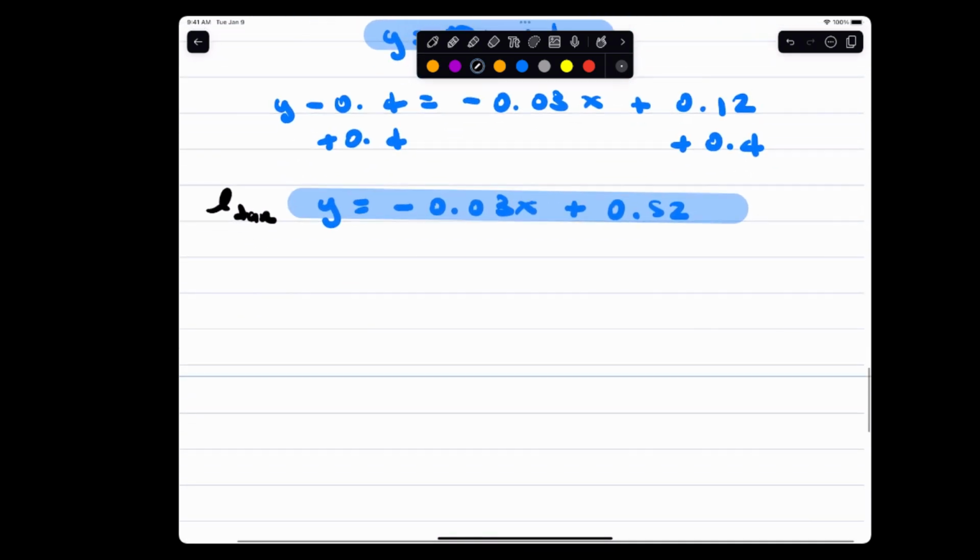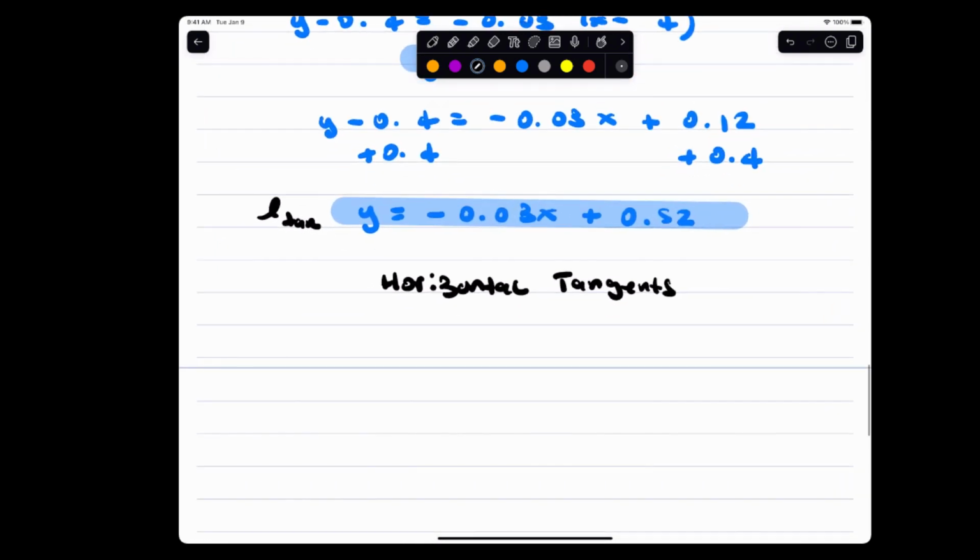And then we also want to know something about, you guys want to get used to this as well, the location of horizontal tangents. Okay? So go back to beginning algebra. First of all, what do we mean by a horizontal line?